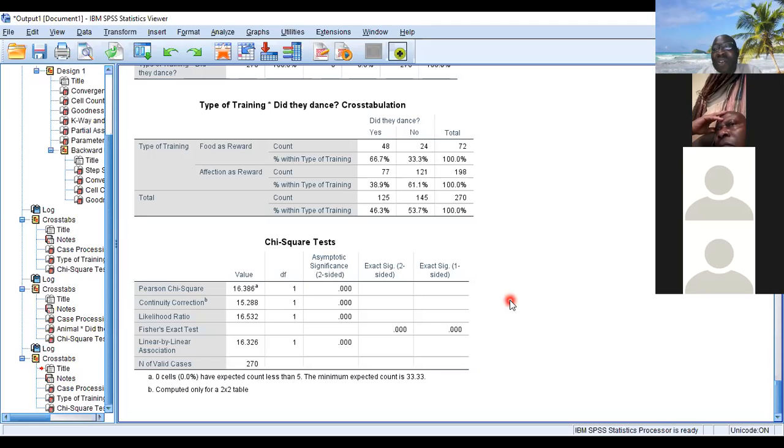They just want to see the association between animal and dance. They say they are correlating animal, the type of training and the dance. To them, it's a correlational study they are doing. But in medicine, in epidemiological study, that's not a correlational study.